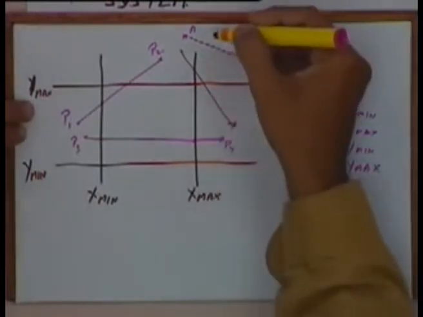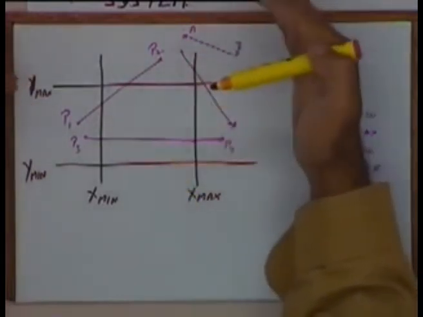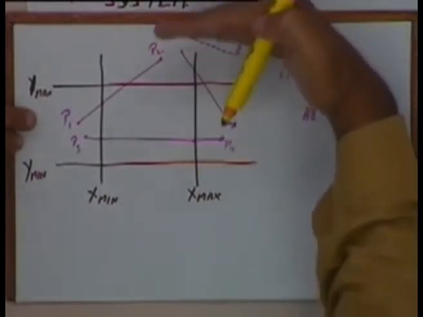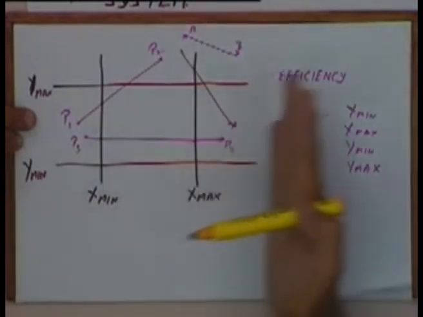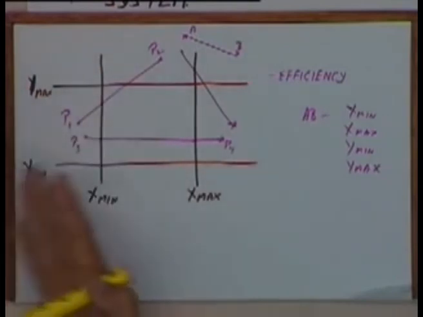So the first thing that we normally do is we try to see if a particular line is totally out of the window. If a line is totally outside the window, that is, it is either above the y max line or below the y min line, or to the right of the x max line or to the left of the x min line, at least such lines should be removed altogether.